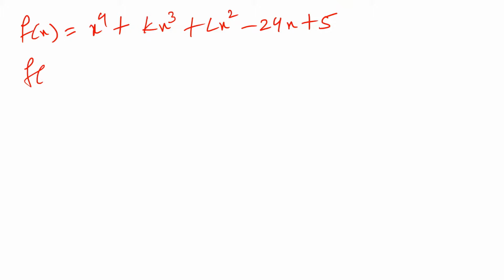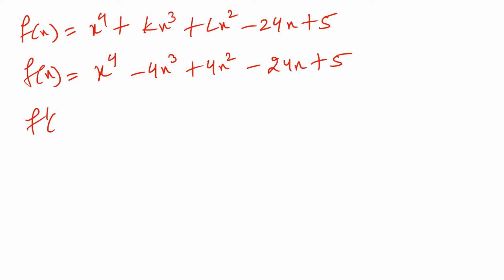Now if I put the values of k and l which we have obtained in this function, the function becomes x^4 − 4x^3 + 4x^2 − 24x + 5. Fine. Now let's differentiate this. Then the value of f'(x) is going to be 4x^3 − 12x^2 + 8x − 24.